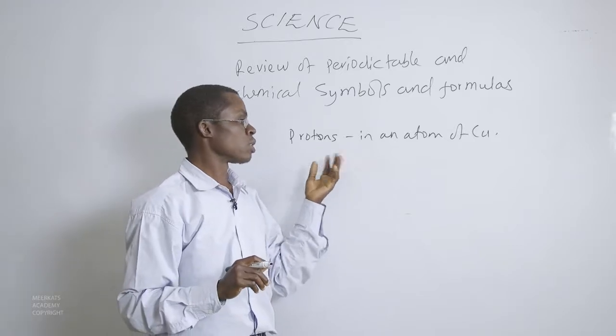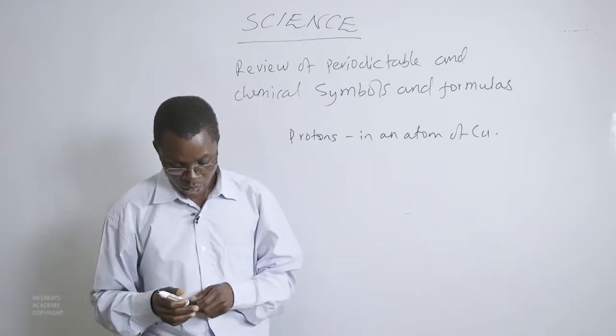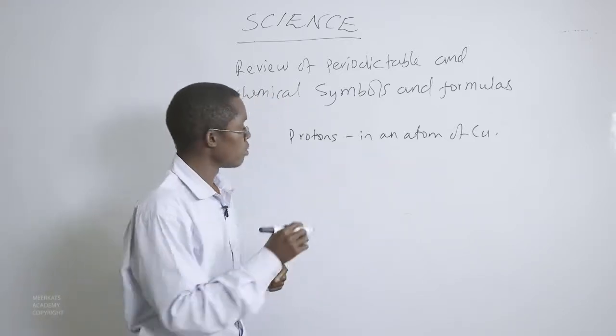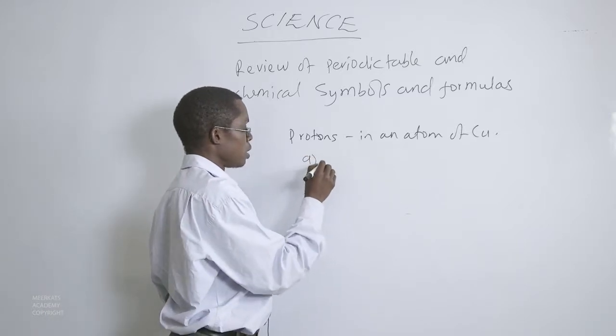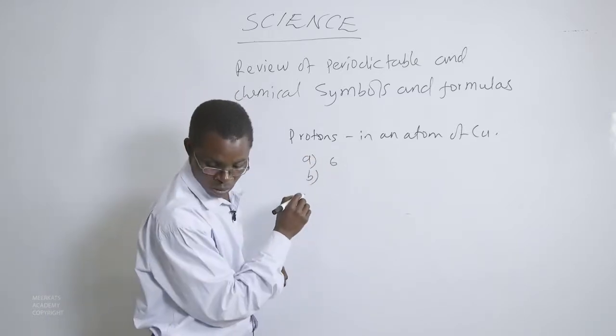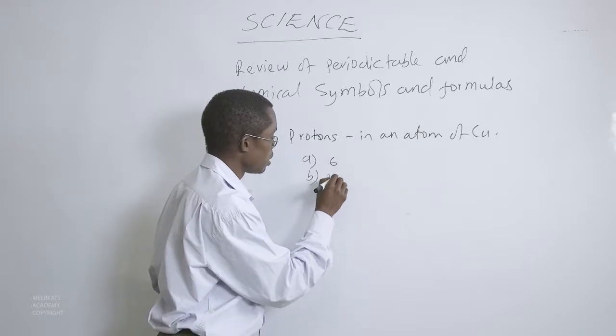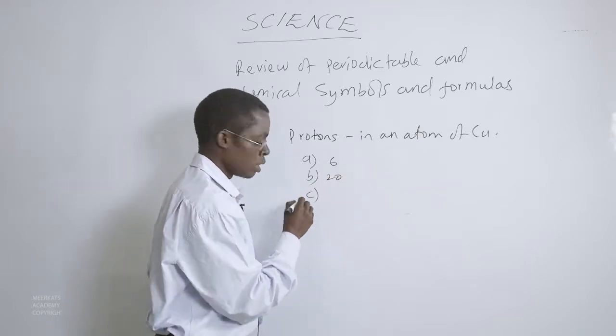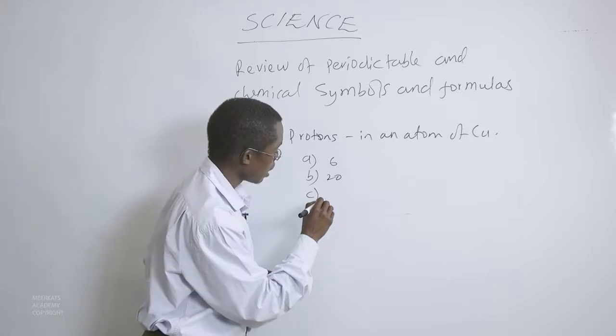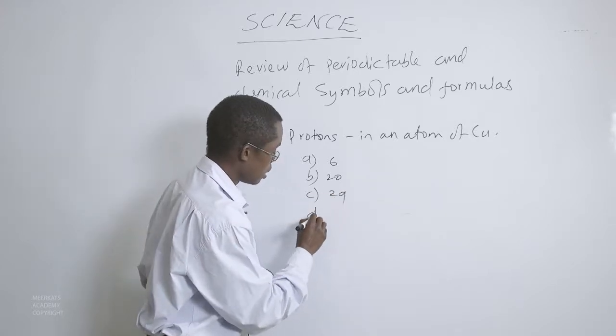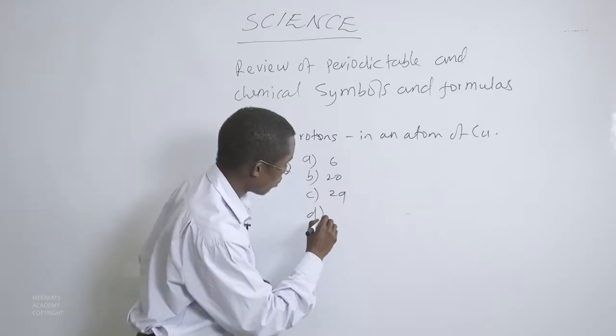How many protons are in an atom of copper? And the responses are, A, 6, B, 20, C, 29, and D, 55.